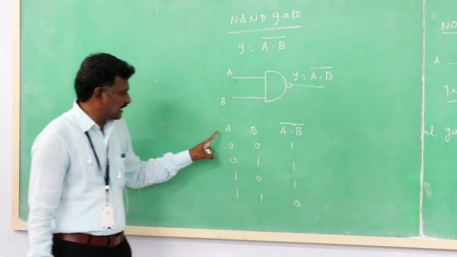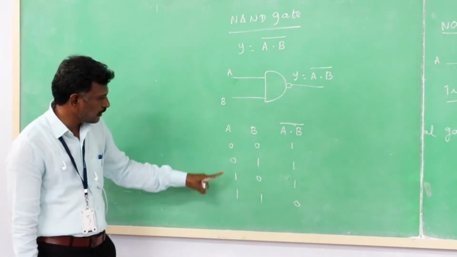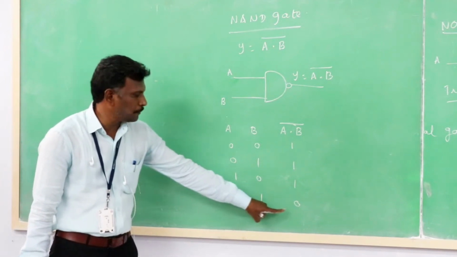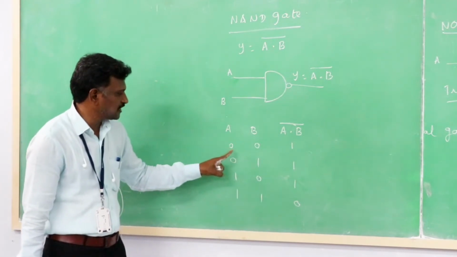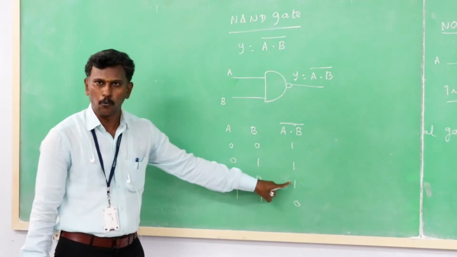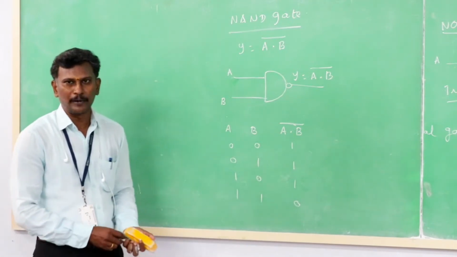So NAND operation says that when both inputs are high, the output becomes low. When any one of the inputs is 0, the output becomes high. This is the NAND operation.